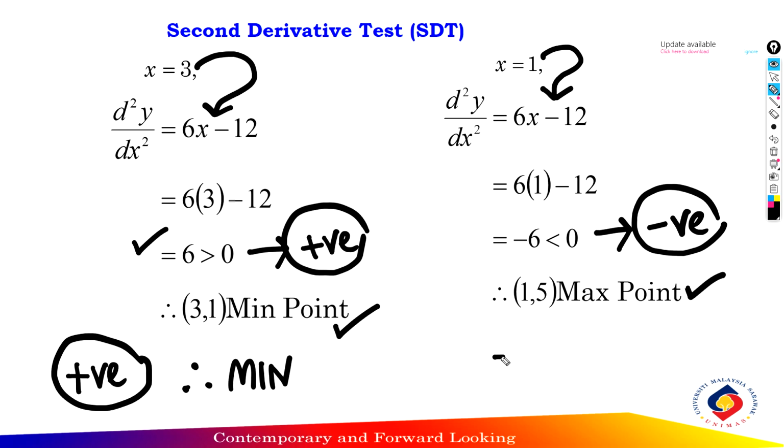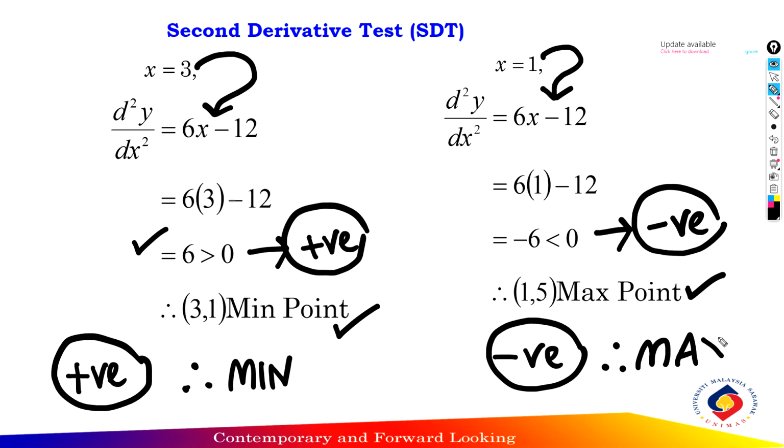The basic concept of the second derivative test: when the sign of the second derivative is positive, the conclusion is a relative minimum point, and when the sign is negative, the conclusion is a relative maximum point.